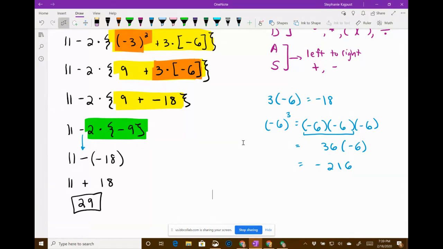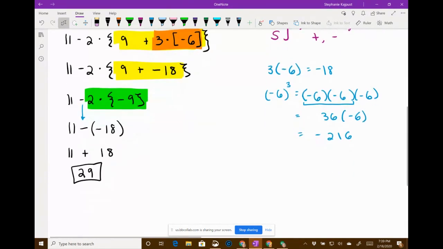Will that work out on a number line? Like, if I did that on a number line, would I get to 29? Right. So I'm on a number line, and let's say I'm at 11. When you're subtracting, you're going to the left. But when you're subtracting a negative, instead of subtracting, you're taking the opposite, so you're now moving to the right instead.